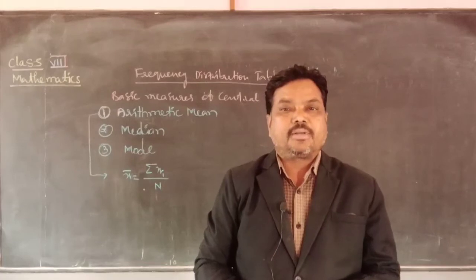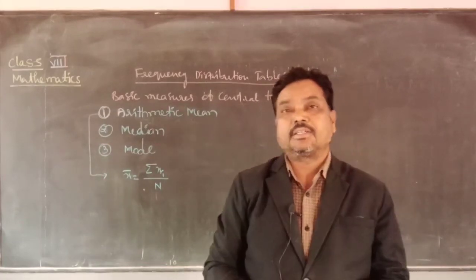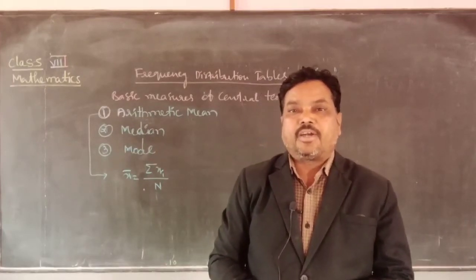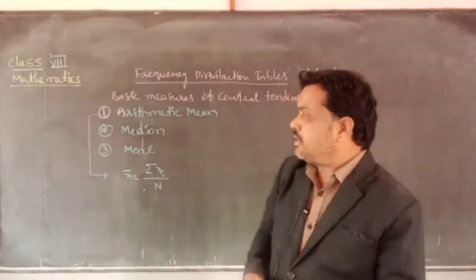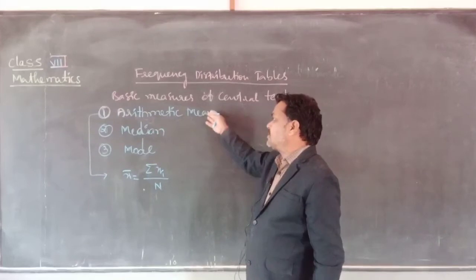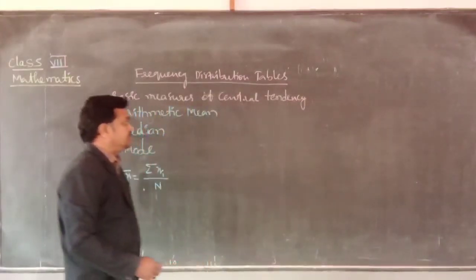That formula belongs to frequency distribution tables, that is arithmetic mean of ungrouped data. So here the first basic measure of central tendency is arithmetic mean.